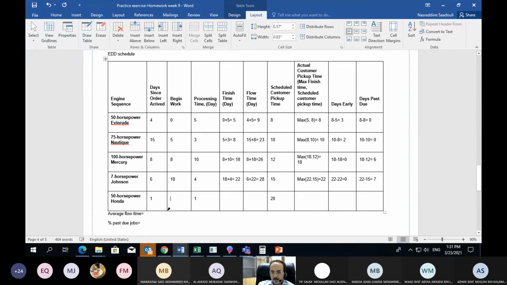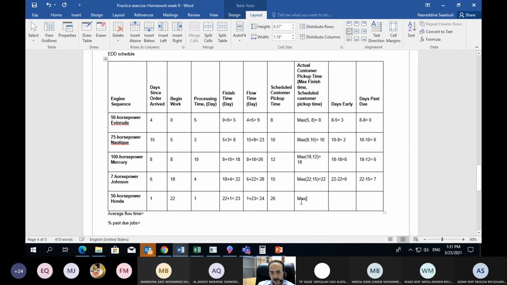For the last job, we started on day 22 because that's when we finished the previous one. 22 plus 1 processing, so day 23. 1 plus 23 flow time, so 24.